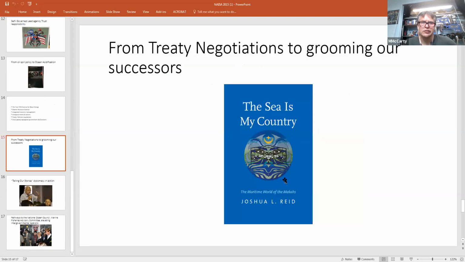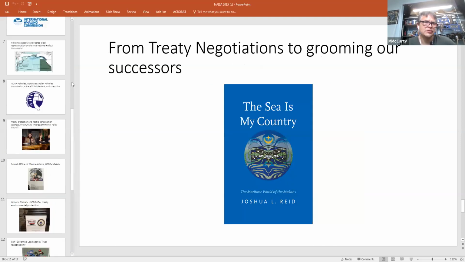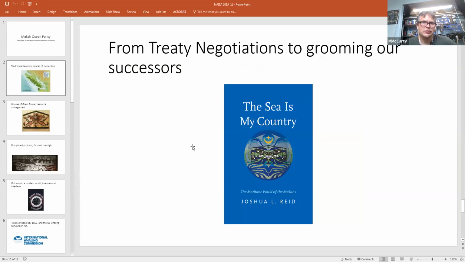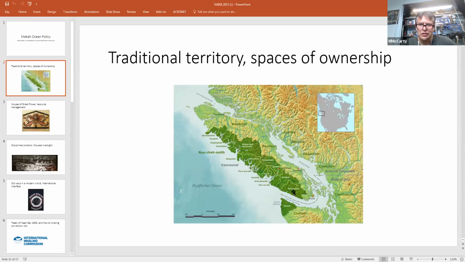And then the storm came across our territories, and we have a tradition where you see these different territorial delineations of the different Nuu-chah-nulth tribes.